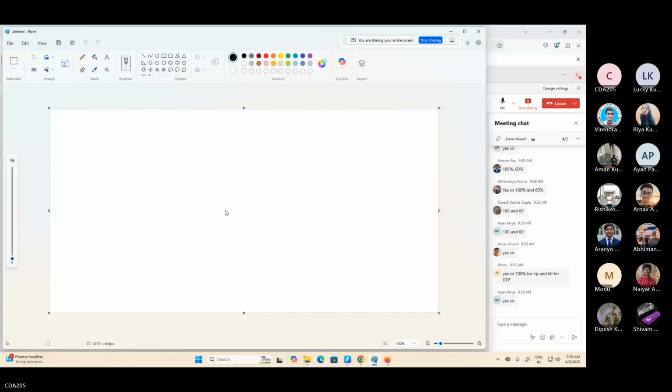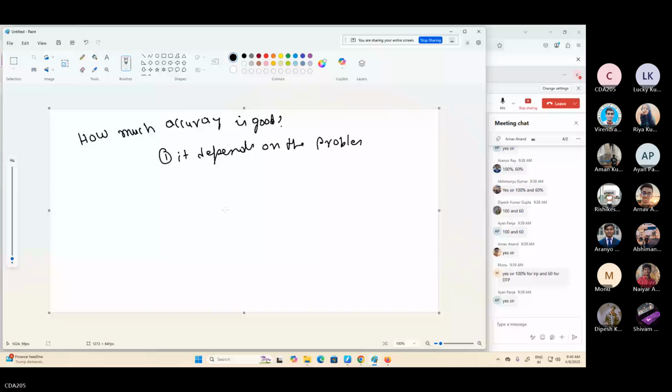So next question: how much accuracy is good? This is the main problem that arises. So we can say that it depends upon the problem we are solving.